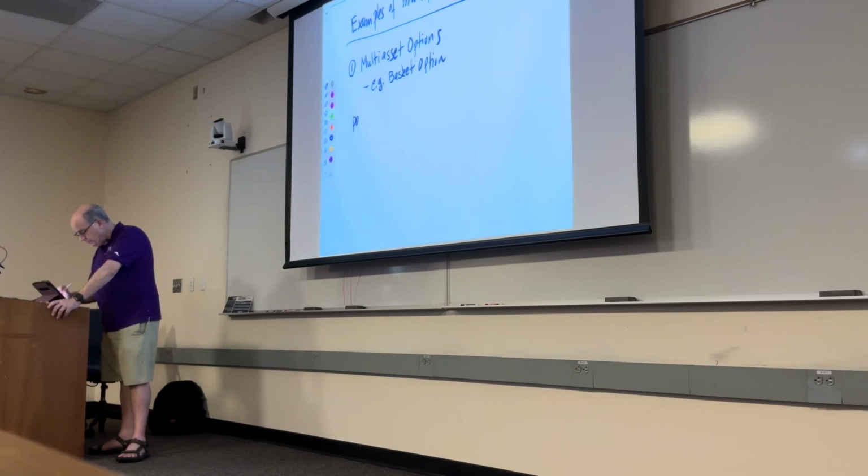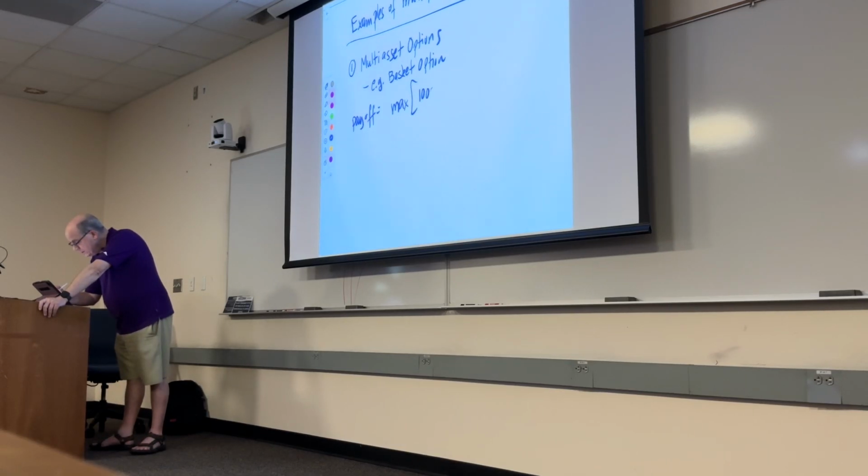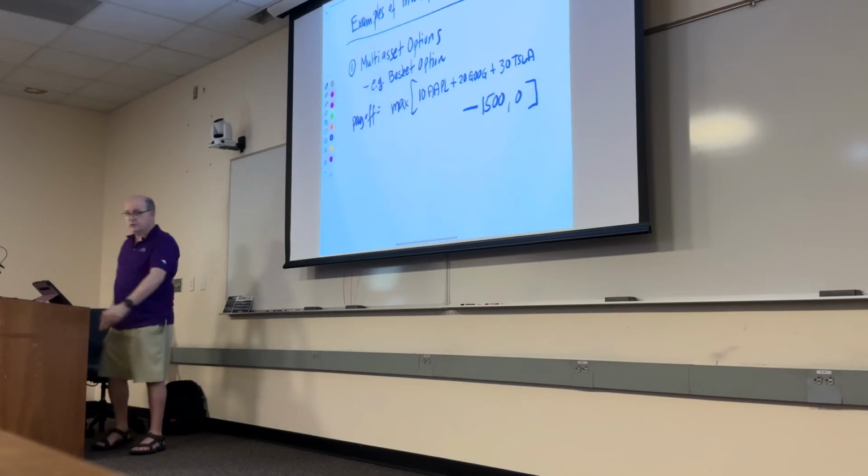The payoff equals the max of, let's keep it simpler, 10 times Apple plus 20 times Google, plus 30 Tesla, minus, let's just pretend it's worth $1,500, and 0. So this is a call option.